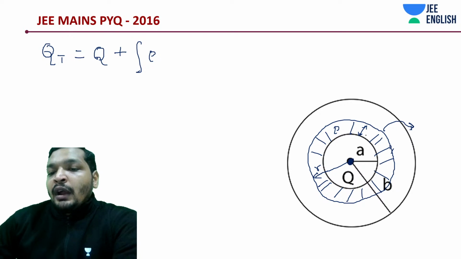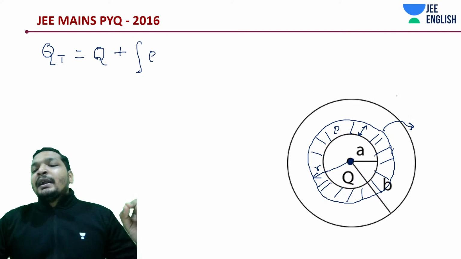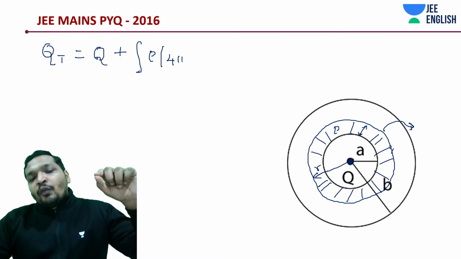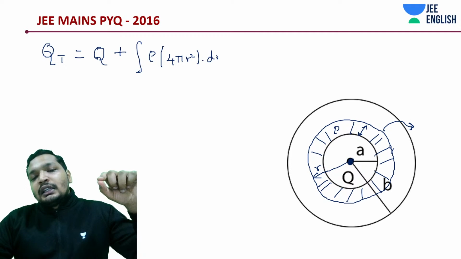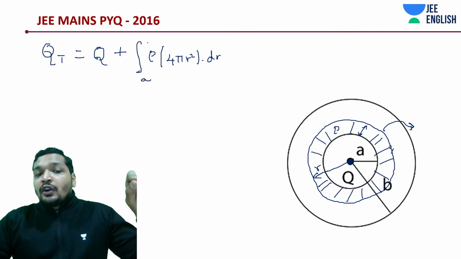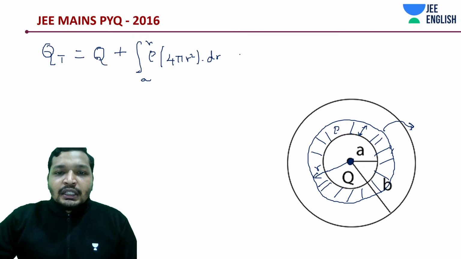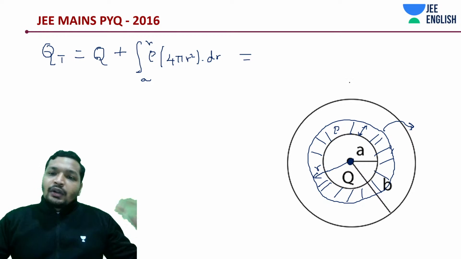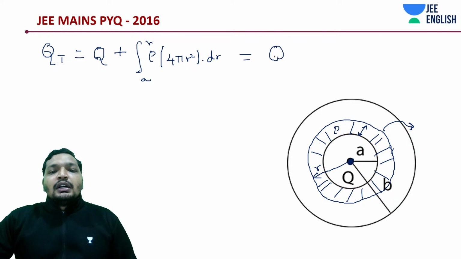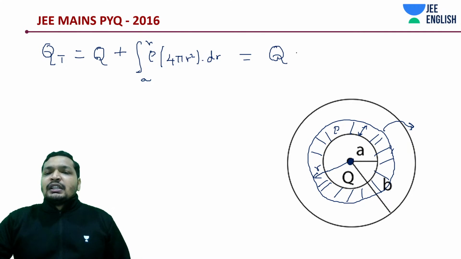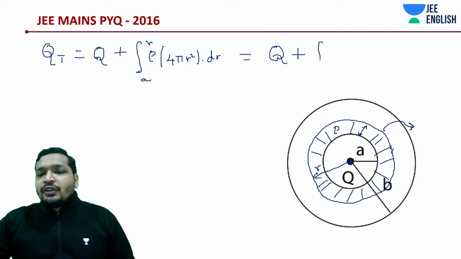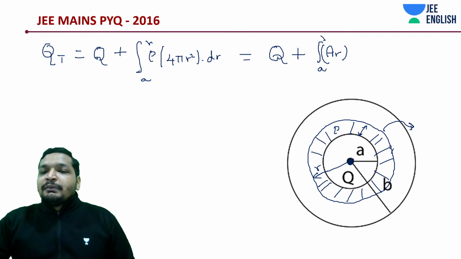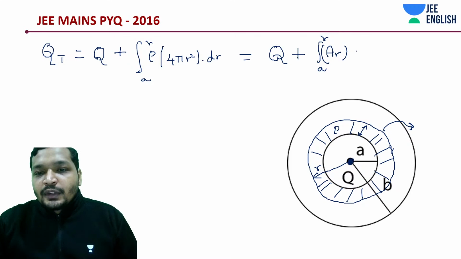How are we moving? Elemental shell volume 4 pi r square dr, and this varies from A to R, not 0 to R, A to R. How did we get these small shells? I believe you know this. If not, do check out any of the lectures on how to derive this for a given varying charge density. It's a little advanced question according to me. It's not a very easy question, but given that you understand the concept, it would be some manipulations. Of course, it would be easy.